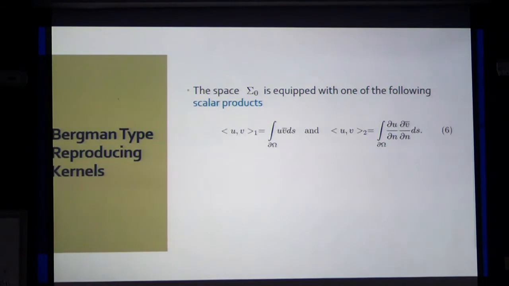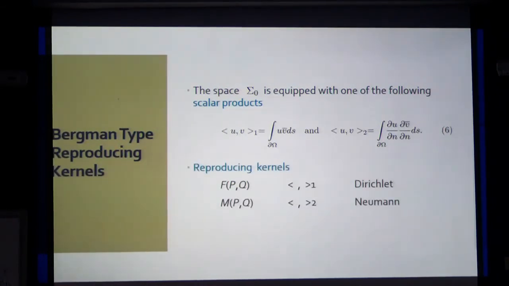Under these scalar products, it is possible to find a couple of reproducing kernels. I will call the first one F, for scalar product 1, and it will be useful for solving Dirichlet problems. The second reproducing kernel I will denote with M, which will be based on the second scalar product, and which will be helpful for Neumann boundary and eigenvalue problems.